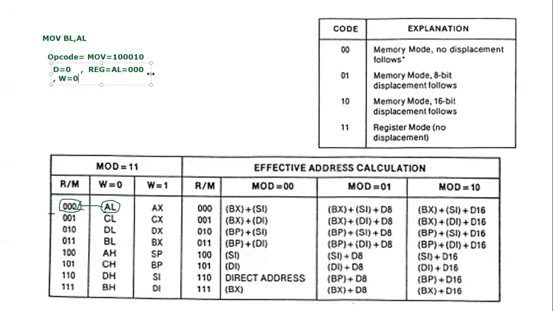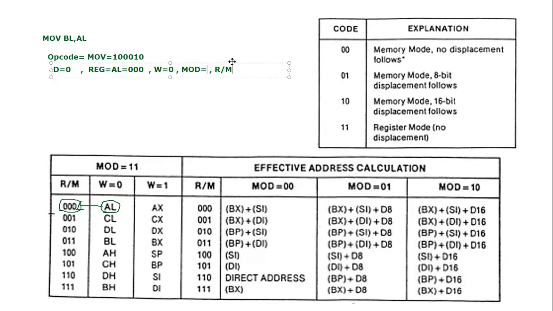So now we have written the D value, register field, and W field, and what we are remaining with is the mode and R/M. So we will be considering it. First of all, the mode. Is it a memory mode? BL and AL, both of them are registers.